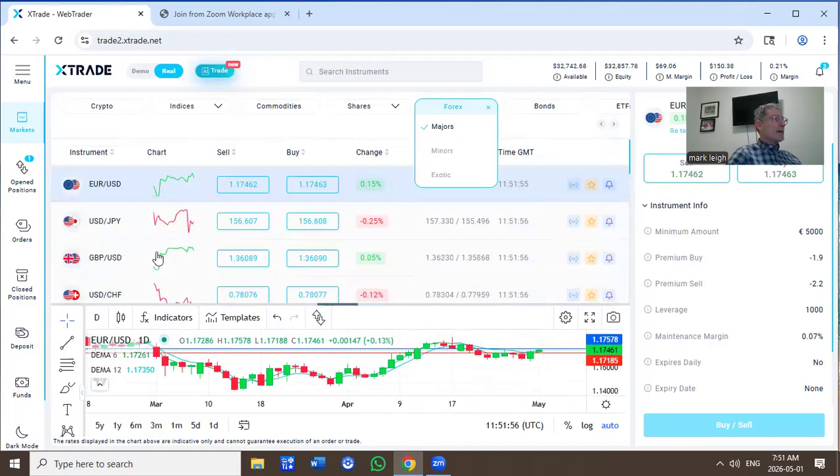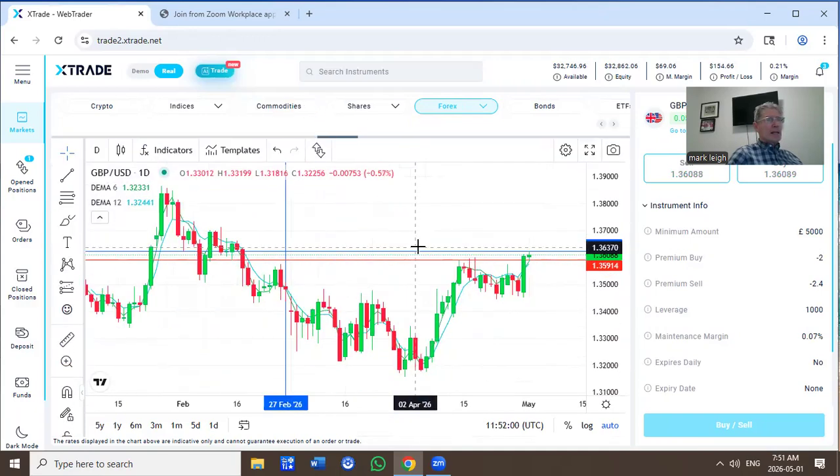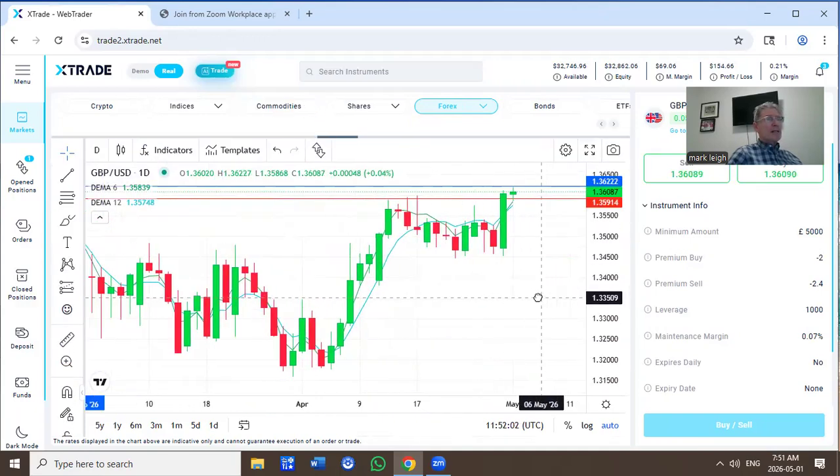Let's have a look at the pound against the US. Very similar pattern. There's the strong green candlestick from yesterday, buying pound, selling US dollar. That's in line with US dollar weakness yesterday, and continuing slightly today, a little higher, but pretty much hanging around where it closed yesterday. I've got support at 135.94.